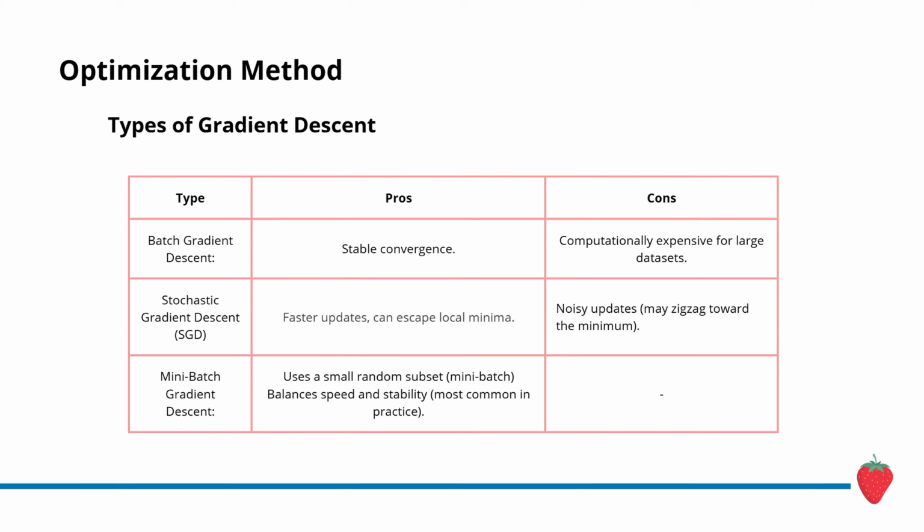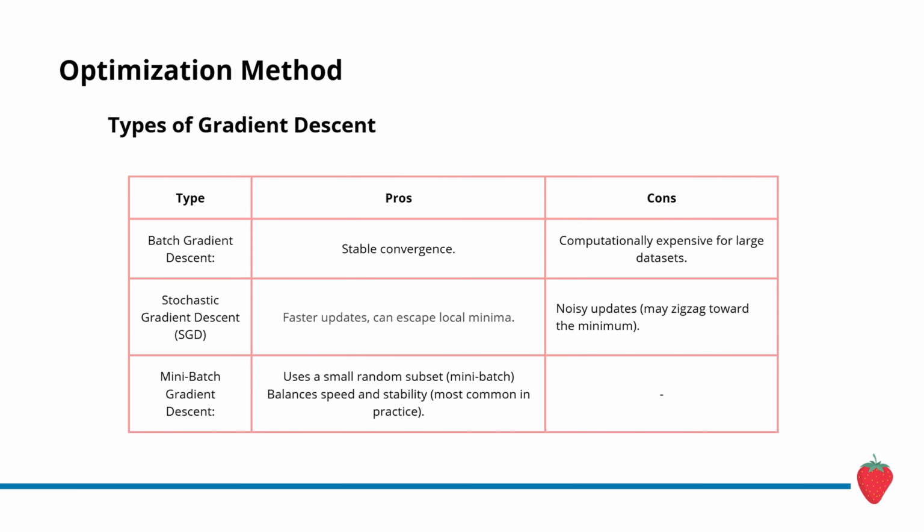This is good because sometimes if we put in loads of data and we need to add data, we're not going to start from the beginning. We're just going to add it. So it gives faster updates and it can escape local minima. However, it has noisy updates as we've seen before. It's the purple one. And we've got the best of both worlds, which is mini batch gradient descent, which uses a small random subset and it balances speed and stability.